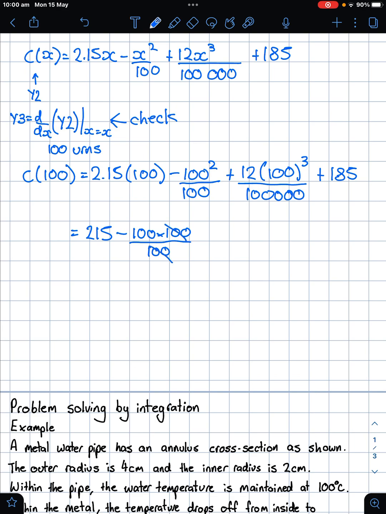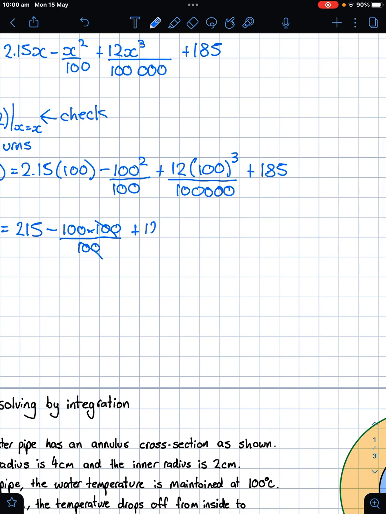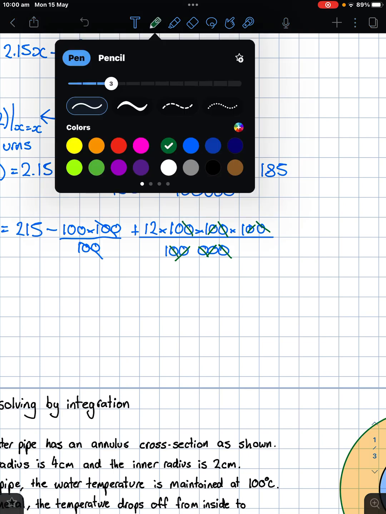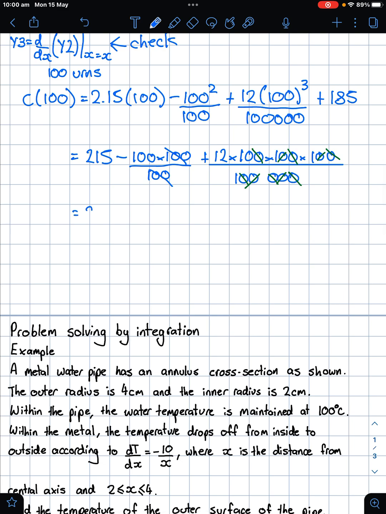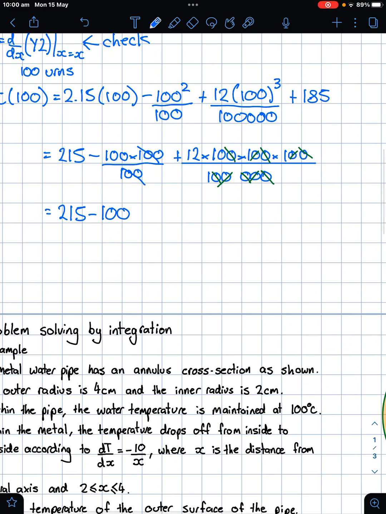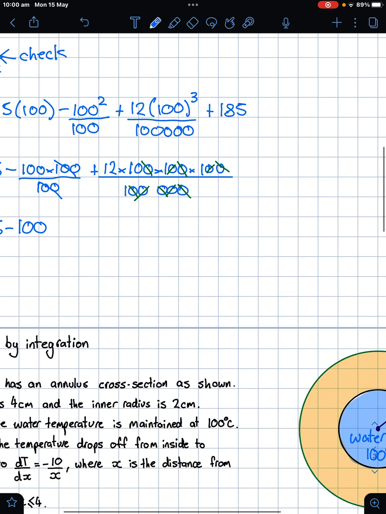So I can cancel out 100 and 100, plus 12 times 100 times 100 times 100 over 100,000. So just if we were doing this algebraically, cross off a 0 there, cross off a 0 there, cross off a 0 there, cross off a 0 there, cross off a 0 there, and now we're over 1. So this now becomes simpler to do, equals 215 minus 100 plus 185.